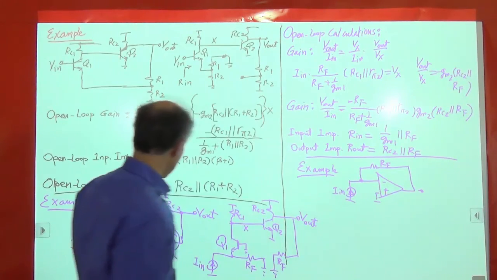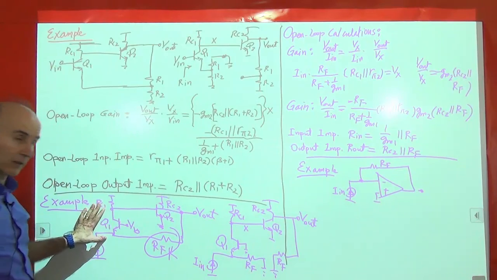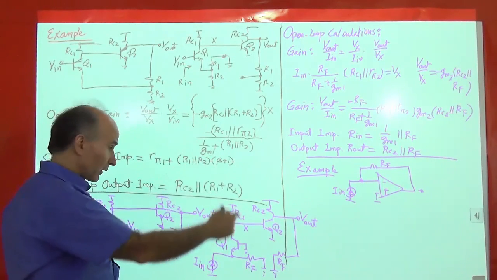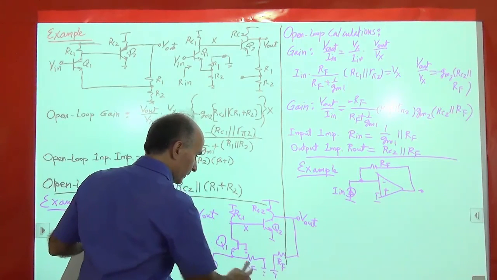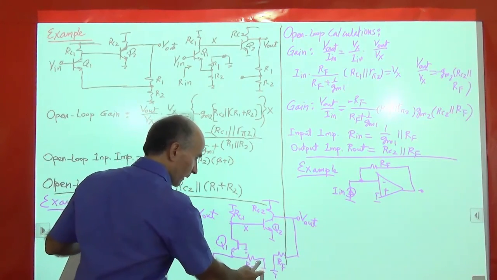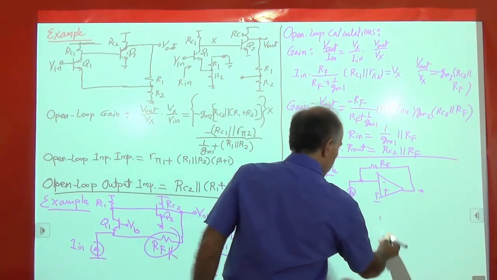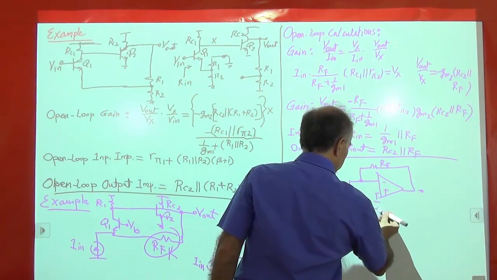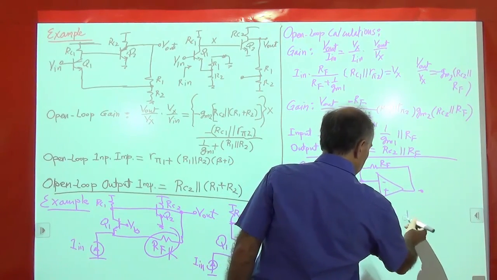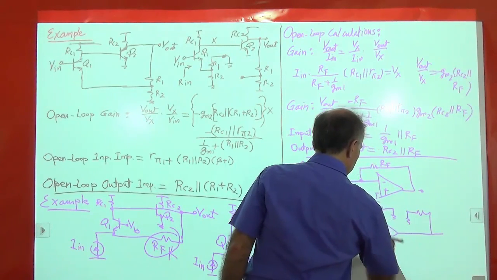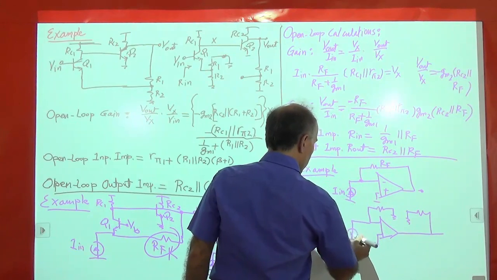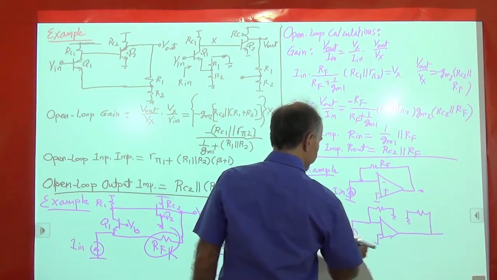Well, just like here, right? This is also a transimpedance amplifier. So we take the feedback network, make a copy, connect to the output, this side is grounded, make a copy, connect to the input, this side is grounded. So that's like this. Very simple. RF to ground, RF to ground, connect the output, and this is the open loop circuit.